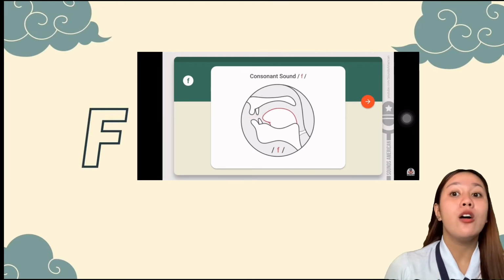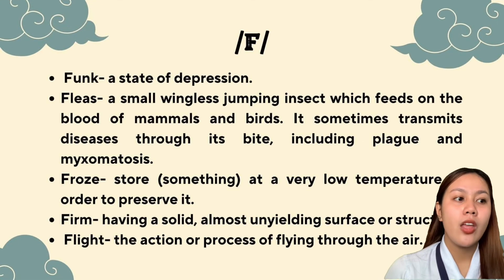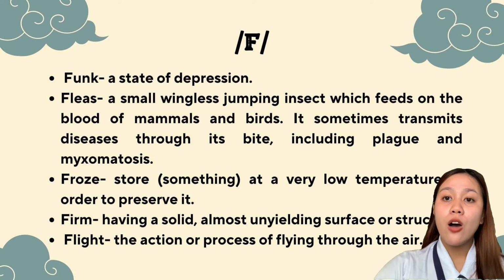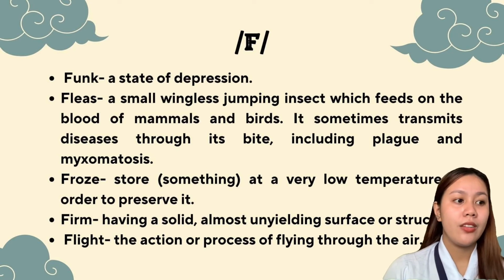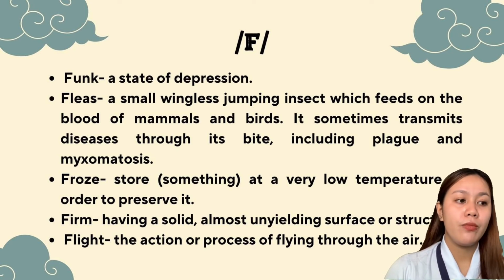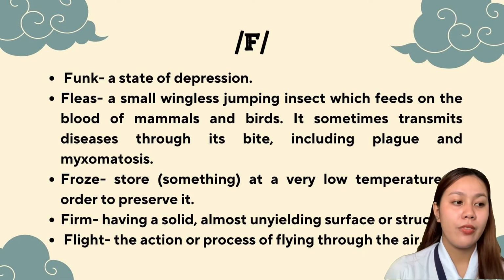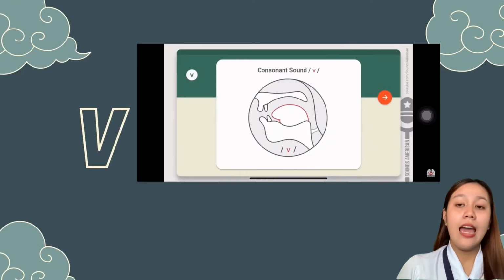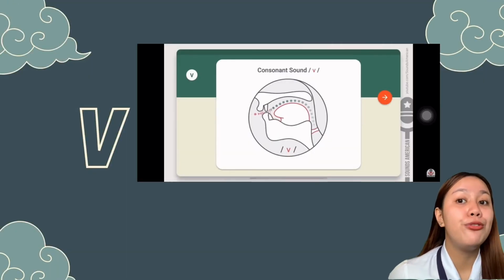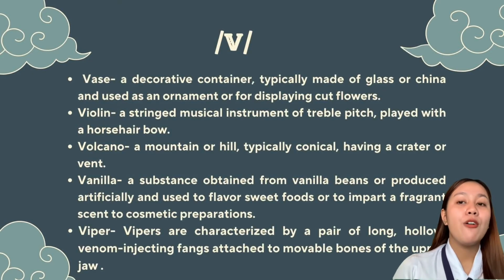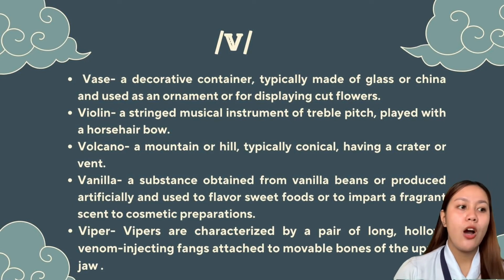Example words of the /f/ sound: funk, fleece, froze, firm, fly. Example words of the /v/ sound: vase, violin, volcano, vanilla, viper.